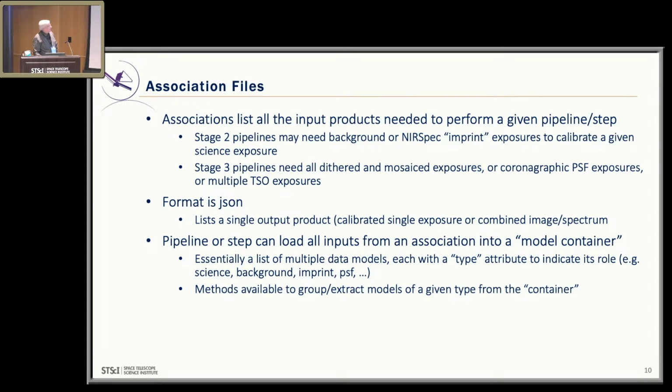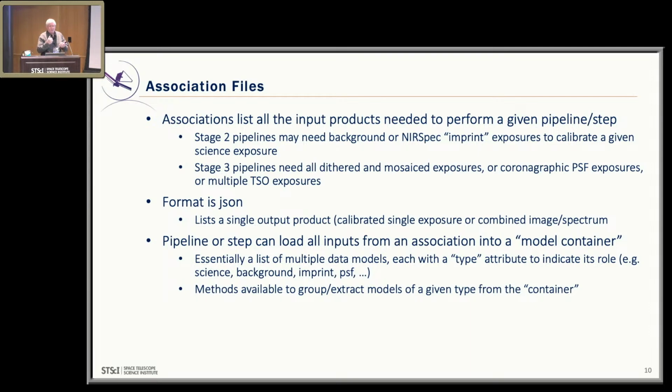Okay, so switching gears now for a minute to the concept of associations. Again, probably well aware of this if you've worked with the data at all. We use association files as inputs to some of the pipelines where the pipeline needs more than one input image or file for any reason.